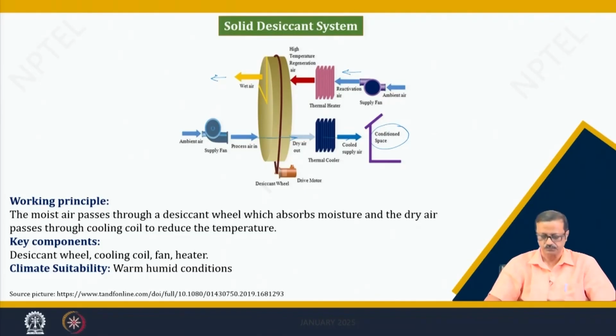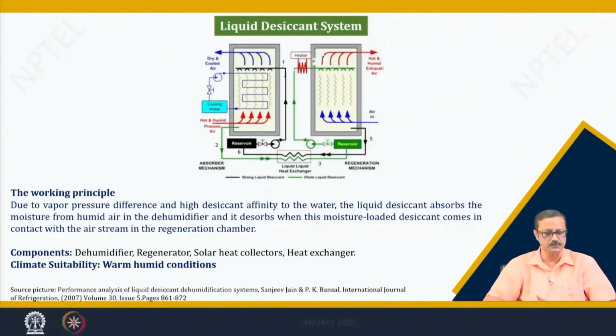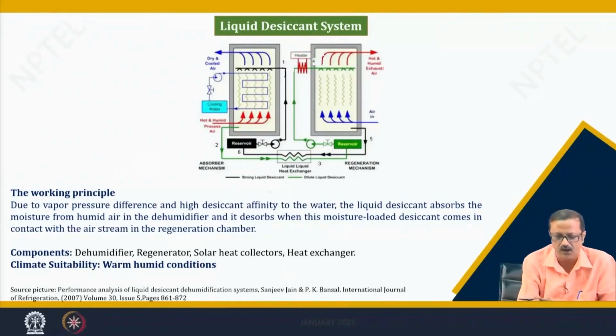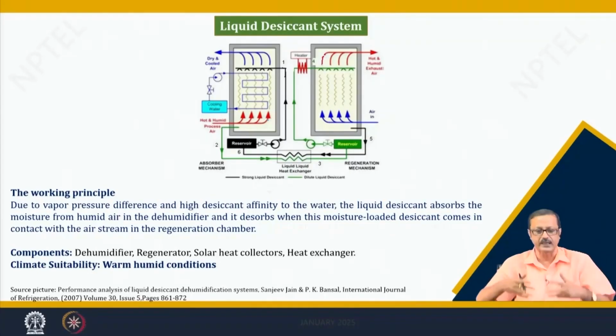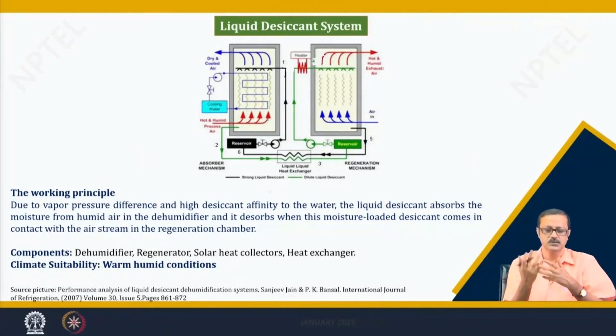The next one is the liquid desiccant system. In the liquid desiccant system, this is a little bit complex. So, there is a cycle of the liquid desiccant. If I take hot and humid air here as these red arrows, it will go up, and there is this particular thermal exchanger, and through that it will be cooled down, and the liquid desiccant will spray from the top to bottom, and from the bottom the air will pass through, there will be a contact, and due to that contact it is going to lose the moisture.